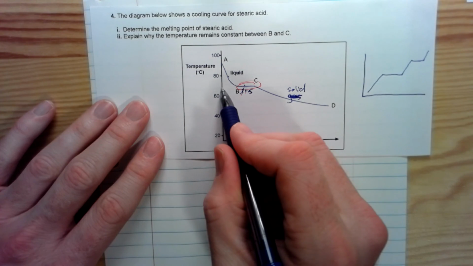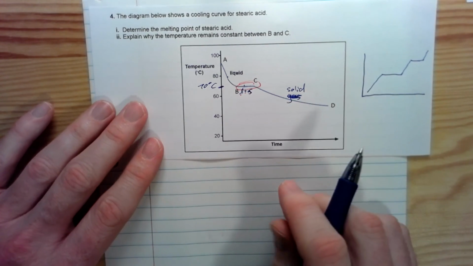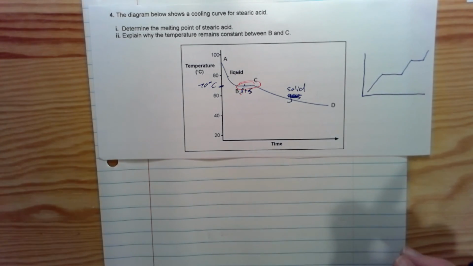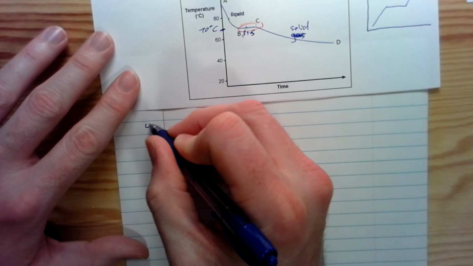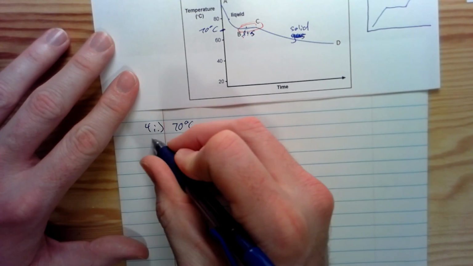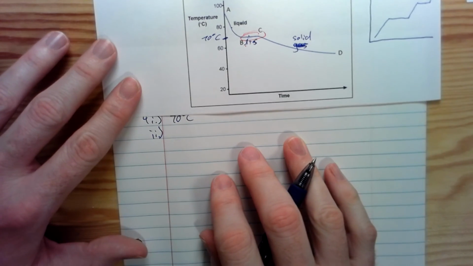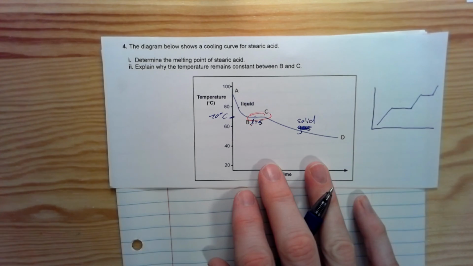So this is where the melting point is. It is at approximately 70 degrees Celsius. So that's my answer for 70 degrees Celsius.